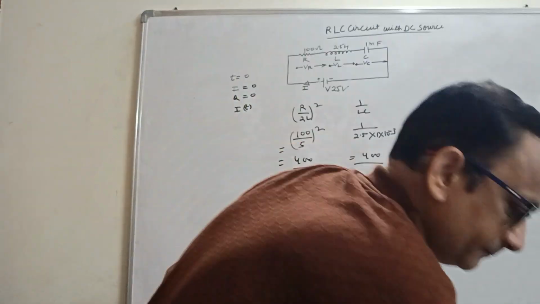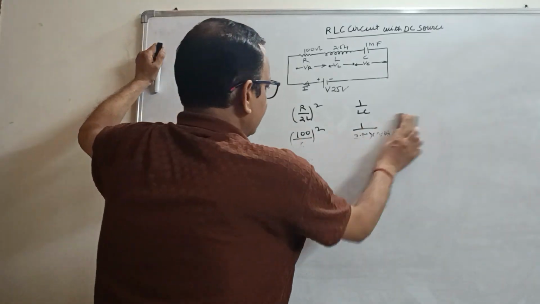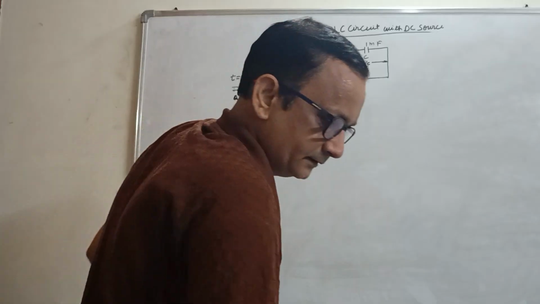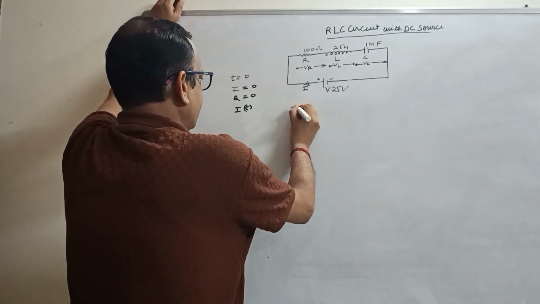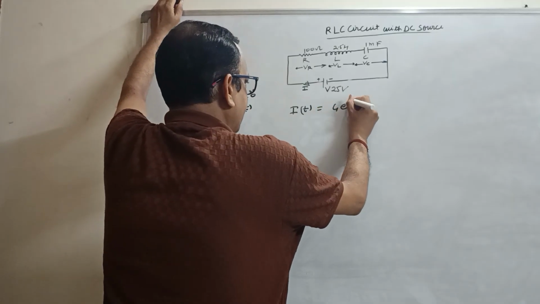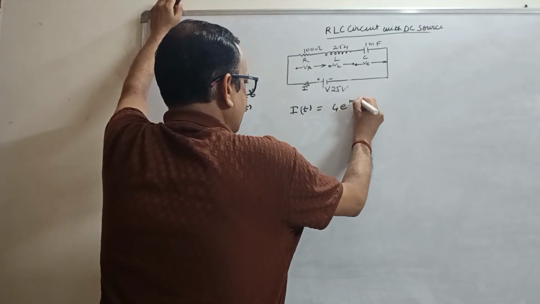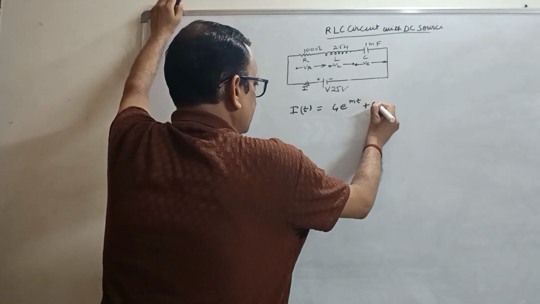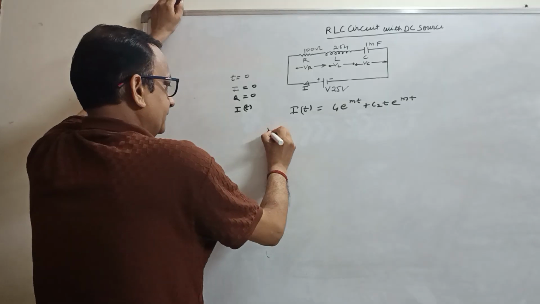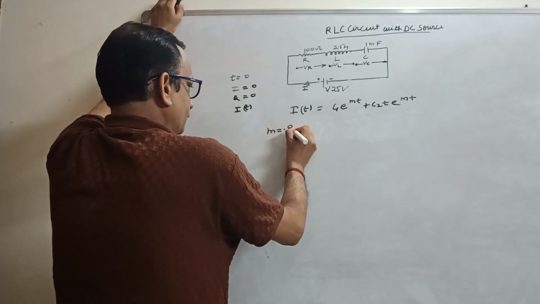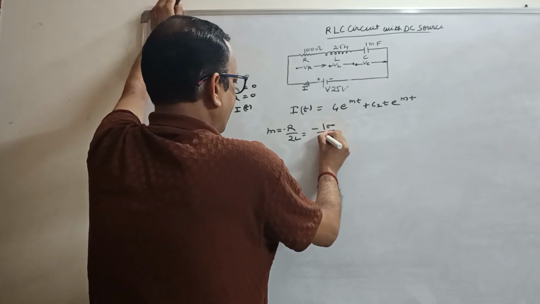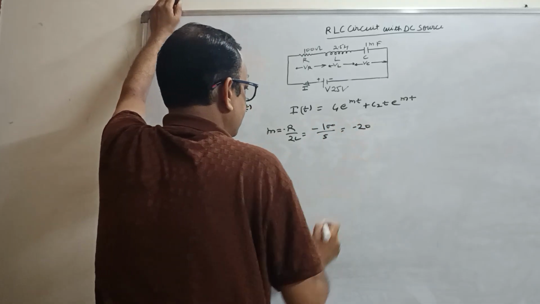so this system is in the critical damping condition. So we can write the current equation for critical damping. This would be current at time t equals C1 e raised to power mt plus C2 t e raised to power mt. Here m is minus R by 2L, which becomes minus 20.